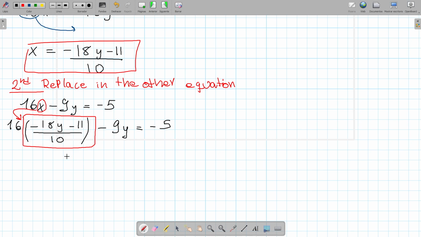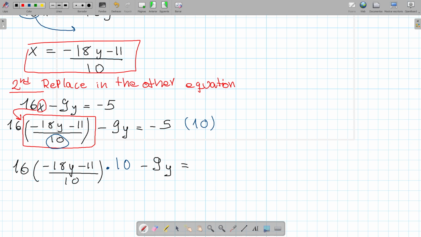If you are not comfortable working with this fraction, I can multiply everything by 10, and I will have 16 times minus 18y minus 11 divided by 10 multiplied by 10, minus 9y equals.